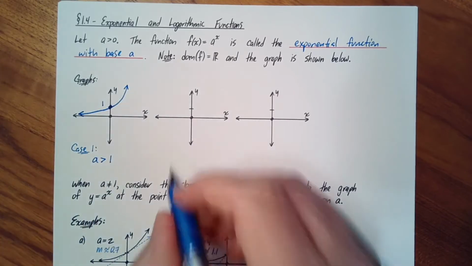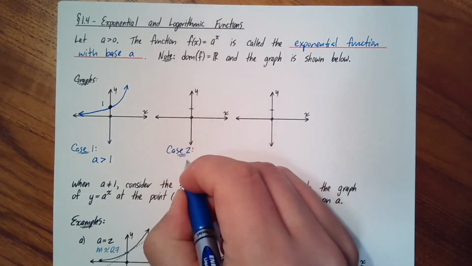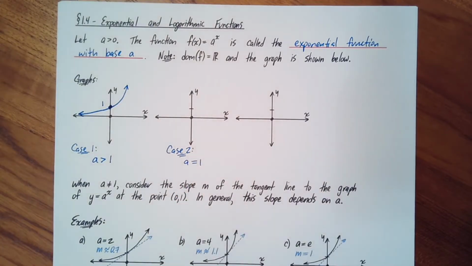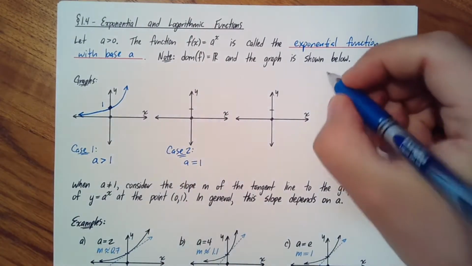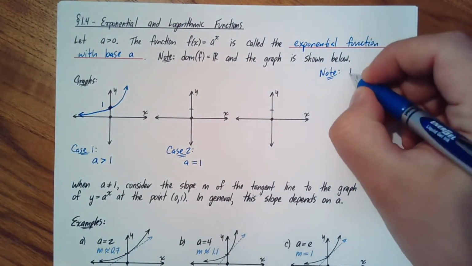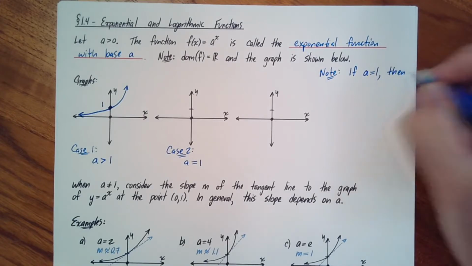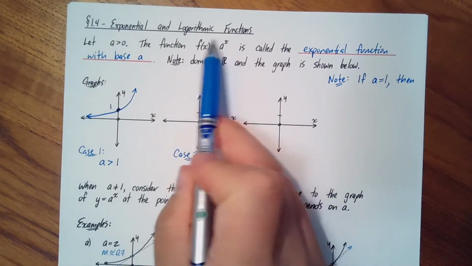Okay, that's the picture you'll see for the graph of an exponential function with a base a that's greater than 1. What about the case where a is equal to 1? Okay, so that may seem a bit weird because look what happens. Let me sneak a note in over here. What happens if a is equal to 1? So if a is equal to 1, then what does this function look like?